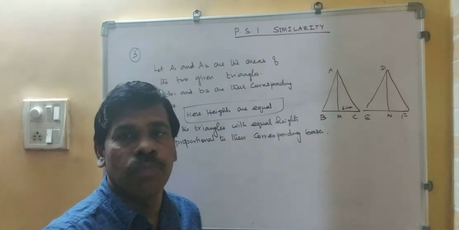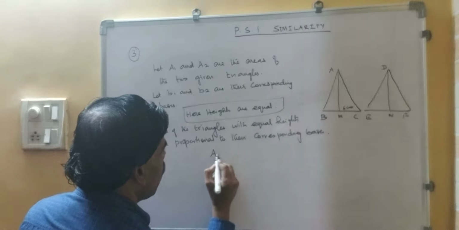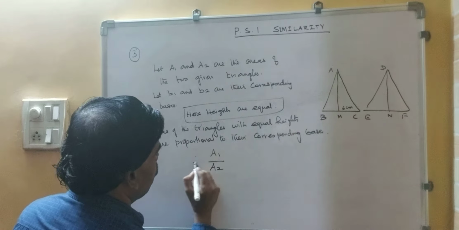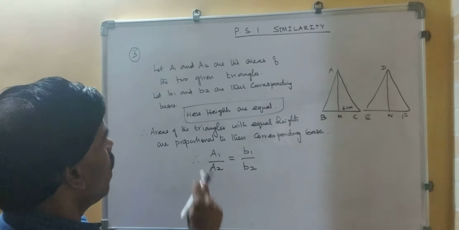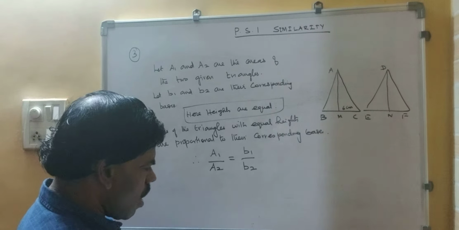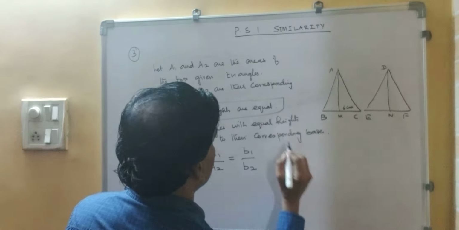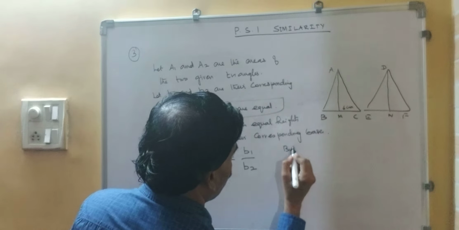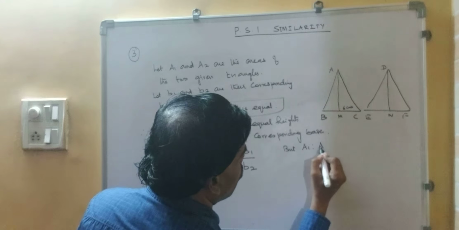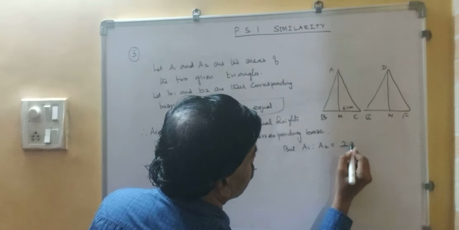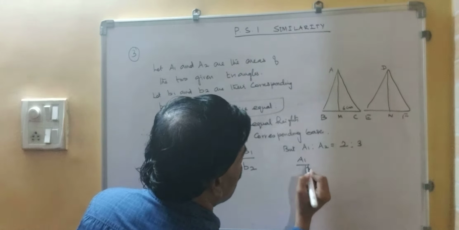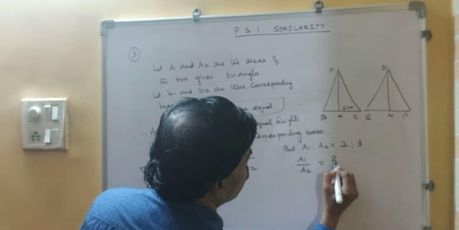Followed or not? That means A1 upon A2 equal to B1 upon B2. A1 is to A2 equal to 2:3, that means A1 upon A2 equals 2/3.